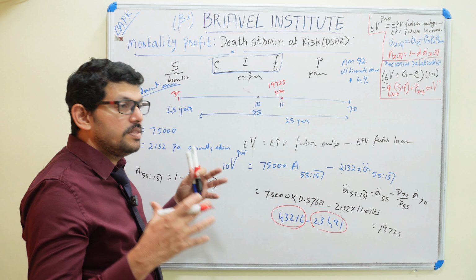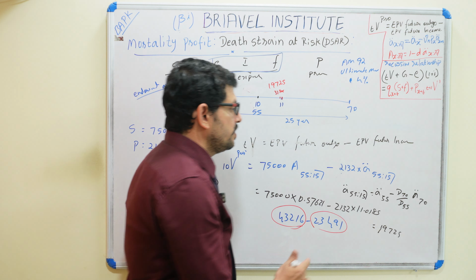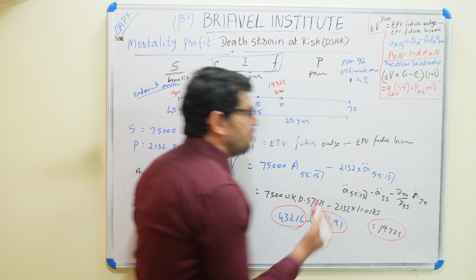So the company is facing a loss, and at least this amount we need to keep as a reserve. That is the purpose: to avoid insolvency, we are keeping the reserve.